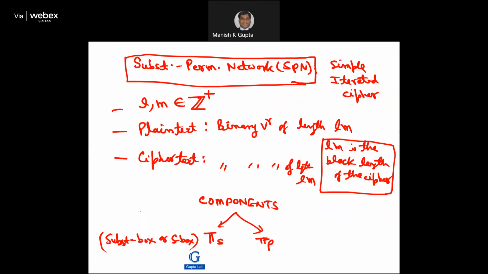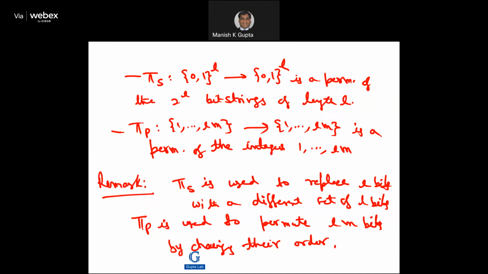So pi_s is a permutation of the 2^L bit strings of length L, right? There will be 2^L strings. And pi_p is a permutation of the integers from 1 to LM, right?